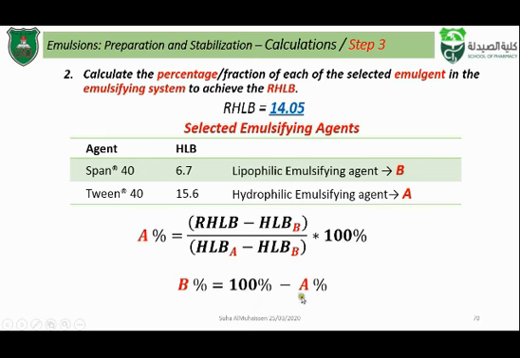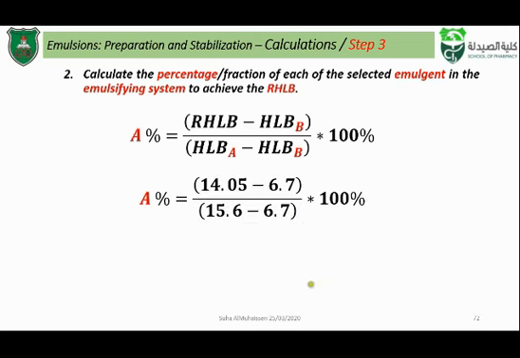Please do. Now, the percentage of A, the hydrophilic emulsifying agent, is equal to 14.05 minus 6.7 divided by the difference between the HLBs of the hydrophilic and the lipophilic emulsifying agents, times 100%.